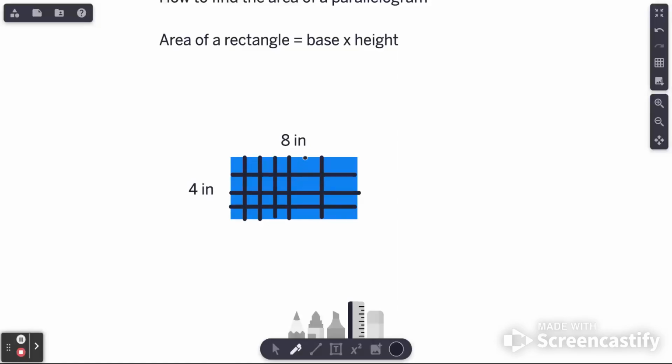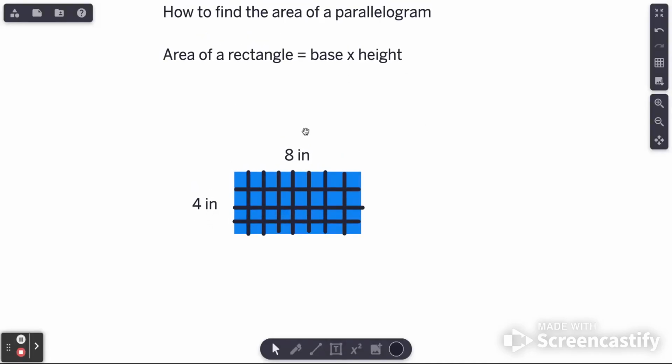So I'm going to go ahead and just draw those lines really quickly, and we can see that we have 4 by 8. So we have 4 rows with 8 columns. And if I were to count all this out, I could determine the area. But instead of counting all this out, because that could take a really long time, especially with bigger numbers, we can use the mathematical equation, your base times height, or length times width.